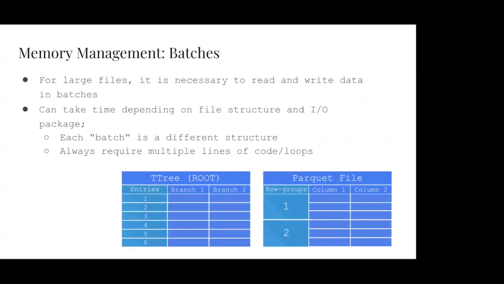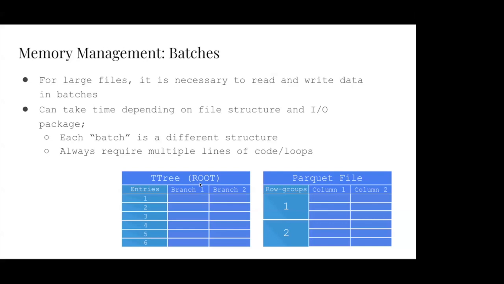So all of these functions allow users to easily read and write in batches. It's automatic if files are large enough, and it's also easy for users to customize. And for new users who aren't super familiar with these different file types, they don't have to learn how to go between two different file types if it's confusing.